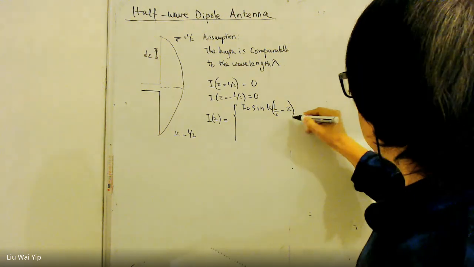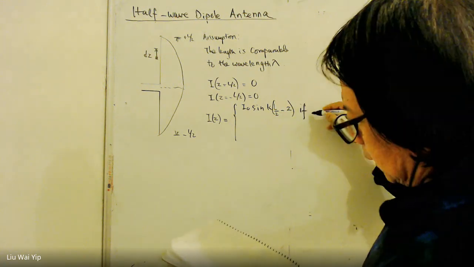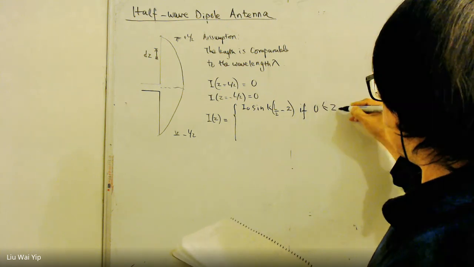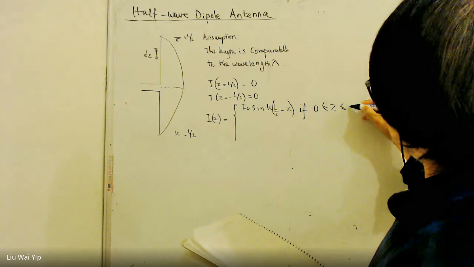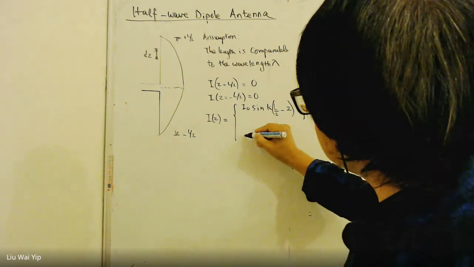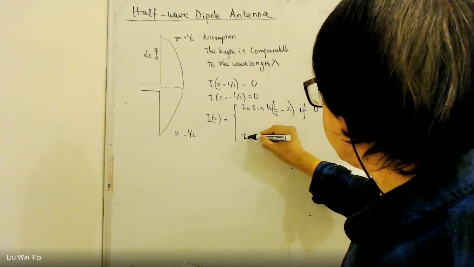So if z is L divided by 2, the current is 0. And in the lower segment, we have a similar treatment.